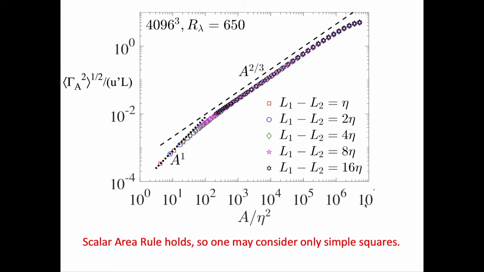So one may consider only simple squares. It doesn't really matter how you do it. Now, when you take a square of area A, I can take the square root of A and call it R, which is the length scale for the problem under consideration.